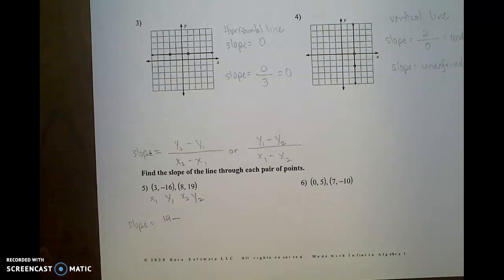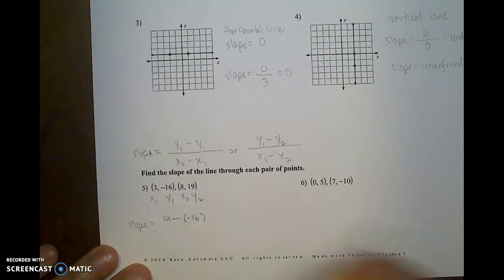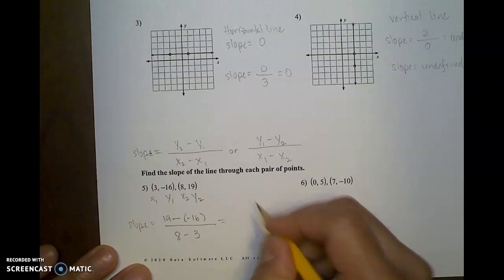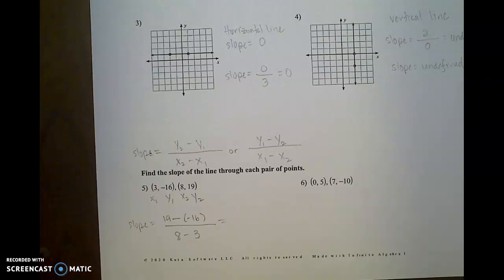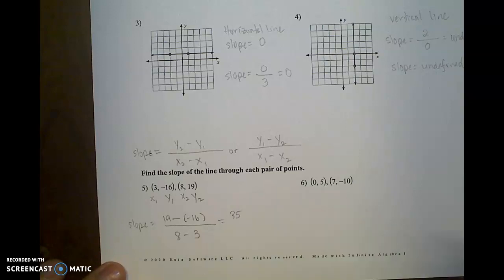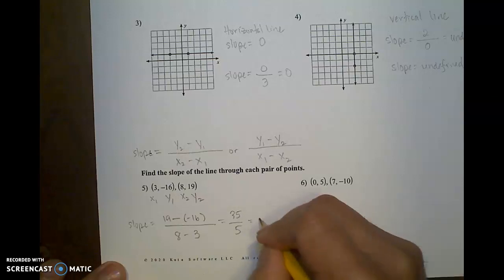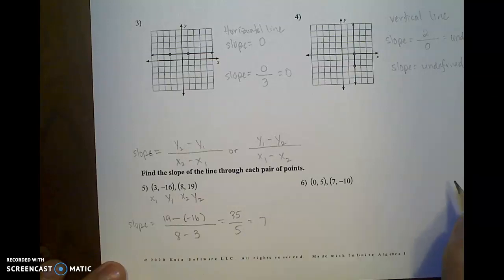I'm going to subtract y1, which is a negative 16, over x2 minus x1. So I have 19 minus a negative 16 is 35. 8 minus 3 is 5. And that reduces down to 7. So my slope is 7.